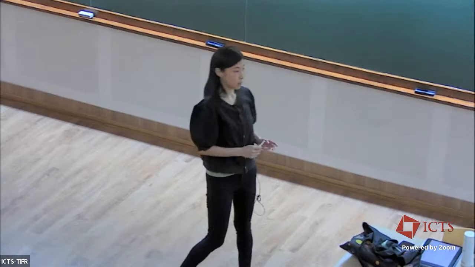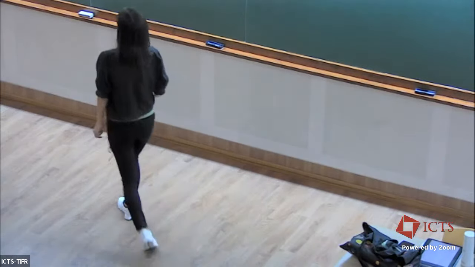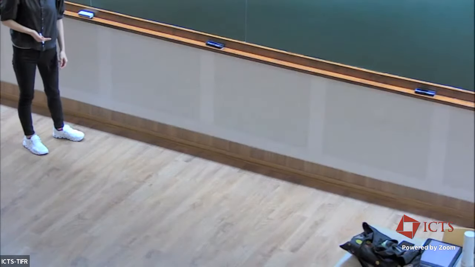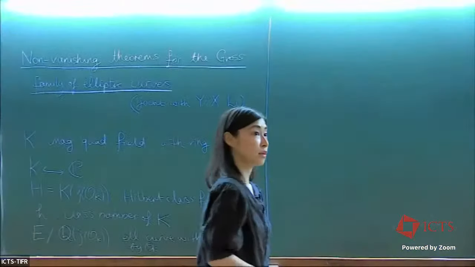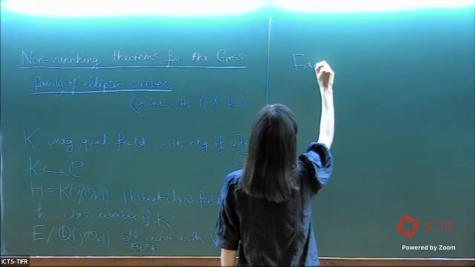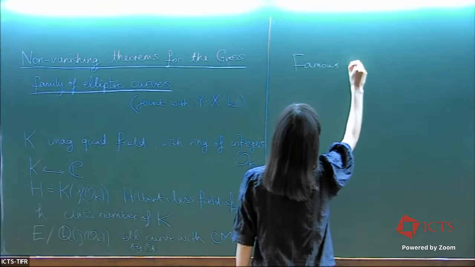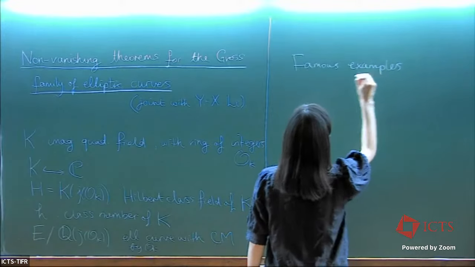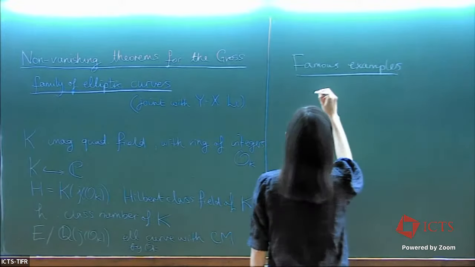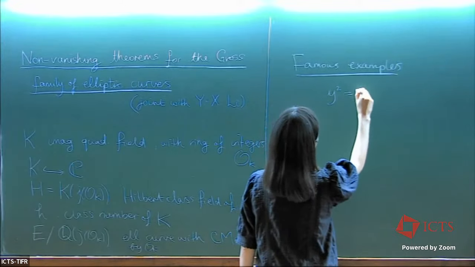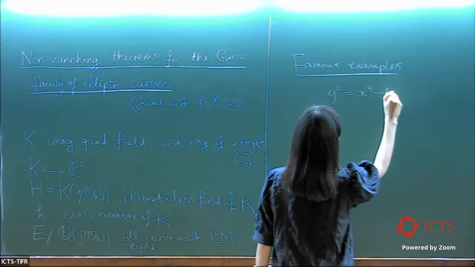And maybe I'll give you some famous examples. Those are, of course, the ones defined over Q. So the class number is 1. For example, y^2 = x^3 - nx.